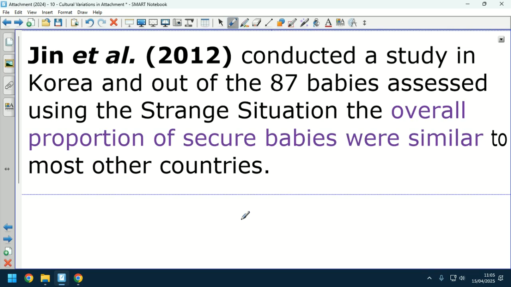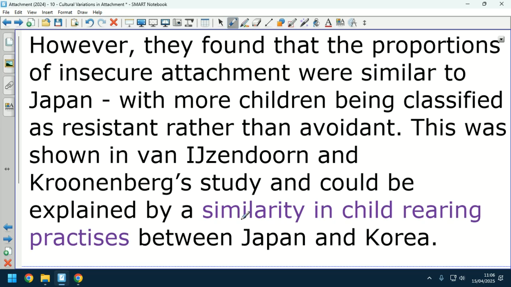There's also a study by Jin in 2012, also a more recent study, this time looking at 87 babies using the Strange Situation, and we find that secure babies were similar in most countries. So there's quite clearly a link to this idea that maybe secure attachment is found across cultures. But what we find is that the biggest shift or change in these countries is the difference between the insecure attachment types.